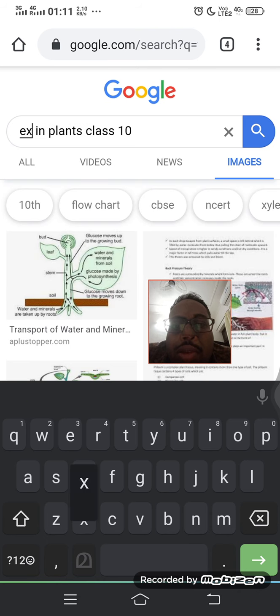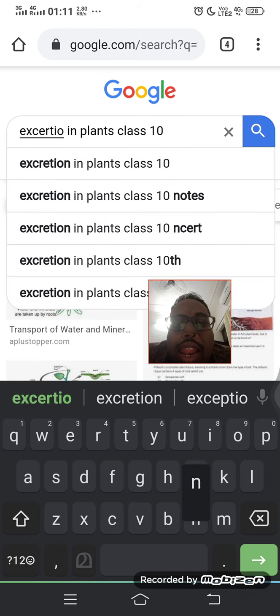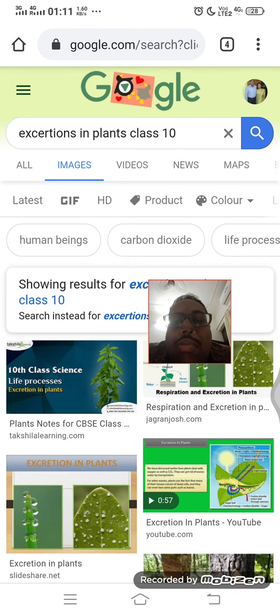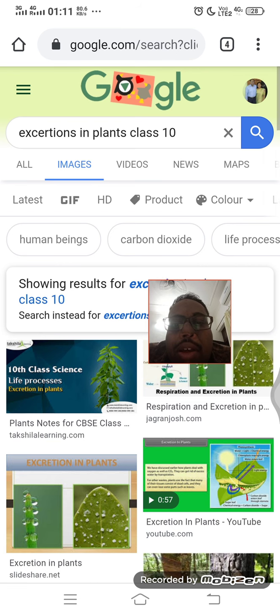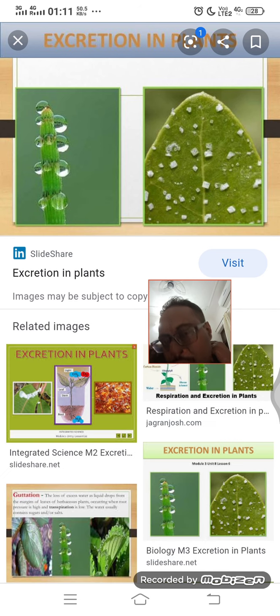One is, you might have heard about gums, latex, etc., whatever we are getting from the plant. That particular process is one among the methods by which the plants are throwing out the waste.